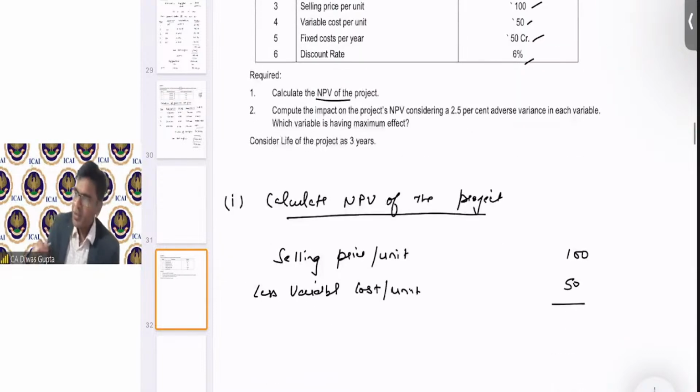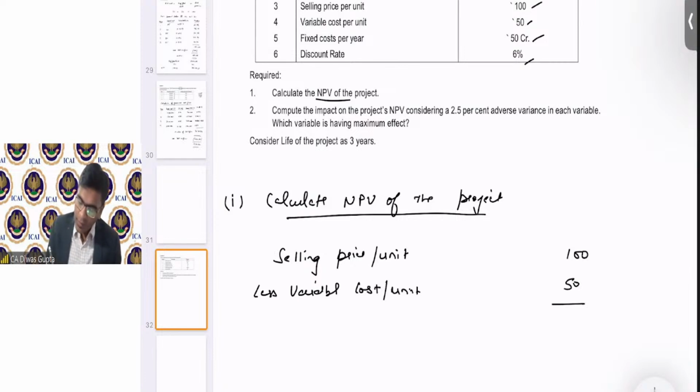So that means contribution. Students, why are we calculating per unit first? Because in your costing, or in the contribution topic, we would have studied that first the direct cost has to be reduced to arrive at the contribution and then multiplied with the units. Then that becomes our operating margin, our contribution in totality, to cover the entire fixed cost.